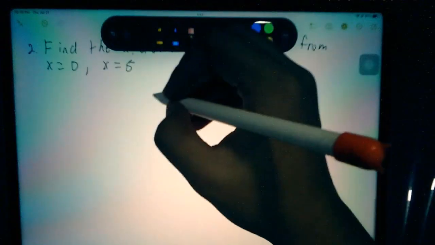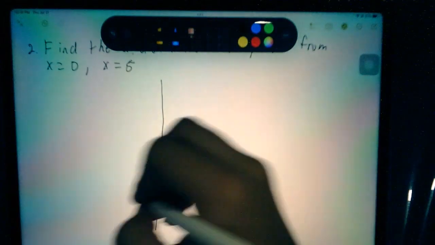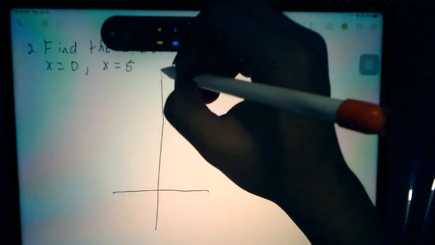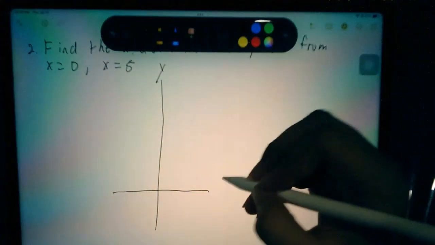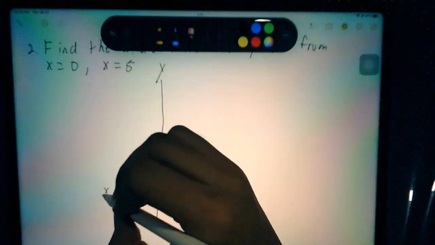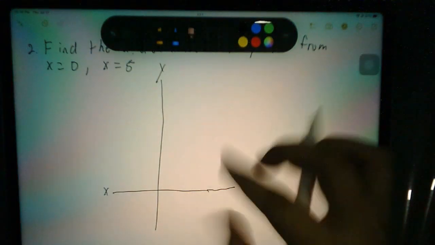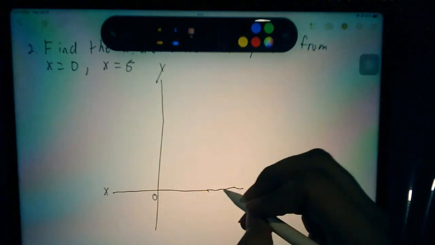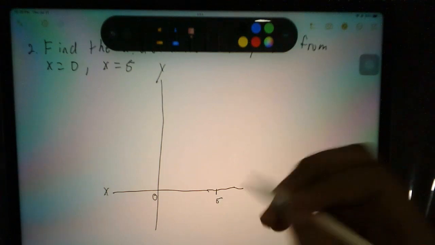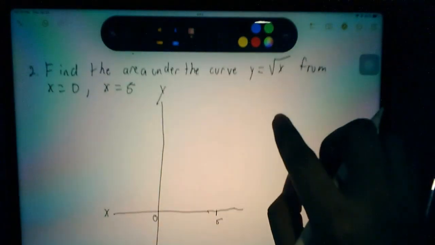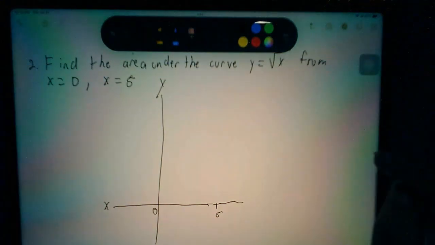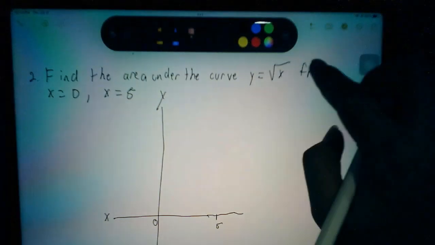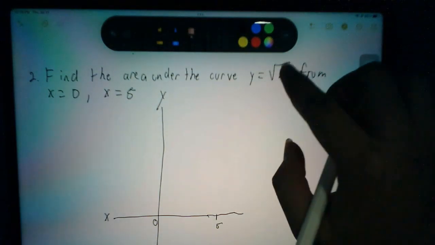So now by illustrating this, this is our y, and this is our x-axis. Let's put it here so we can use a space here. So from x equals 0 and x equals, let's say, 5 here. So now how do we find the points of our y?